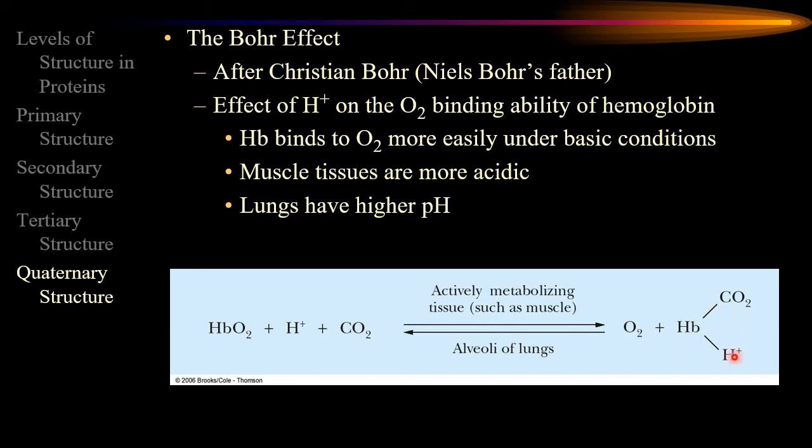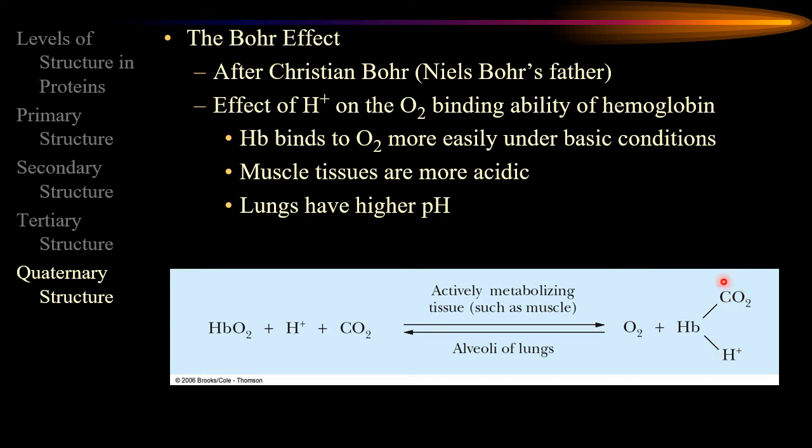So the two go together. And hemoglobin picking up hydrogen ions is not conducive to holding on to the oxygen. Therefore, the oxygen that hemoglobin picks up in the lungs is transported to the muscle and released there, where the environment is more acidic.